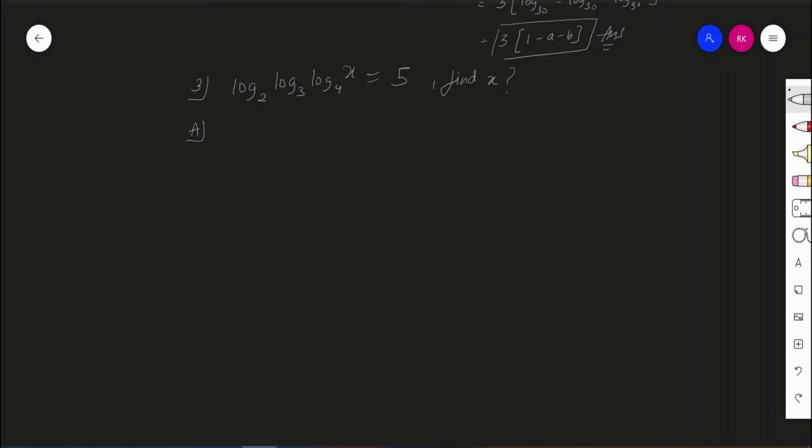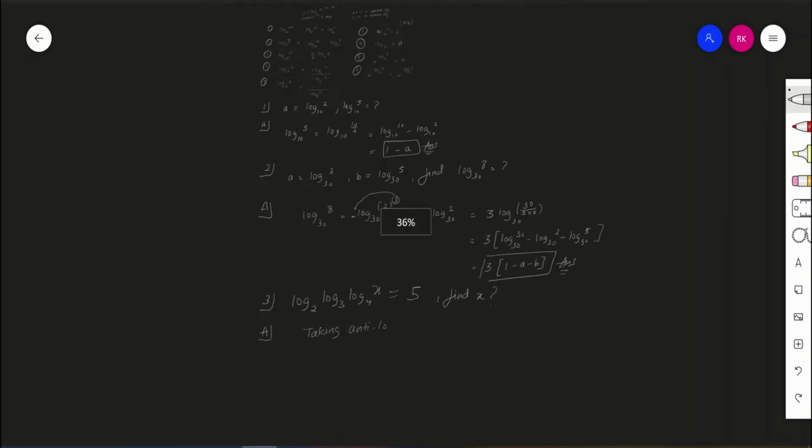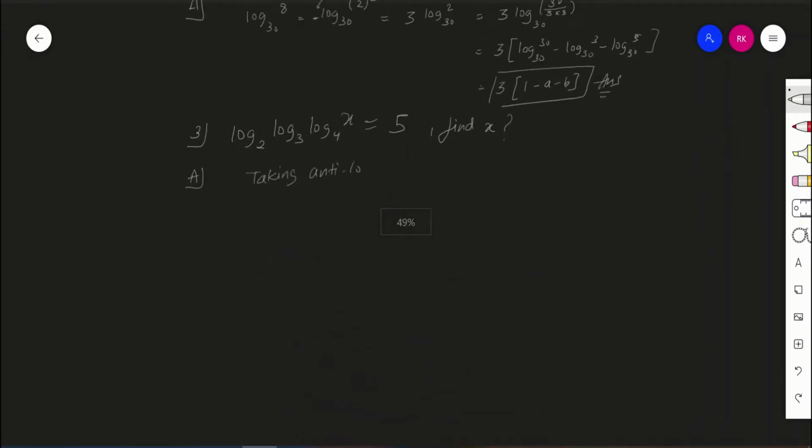So the log 2 from the LHS will be removed. Taking anti-log on both the sides with base equal to 2.